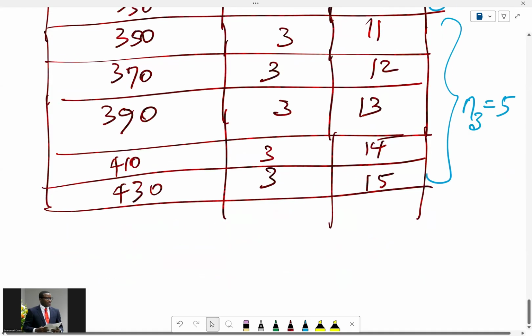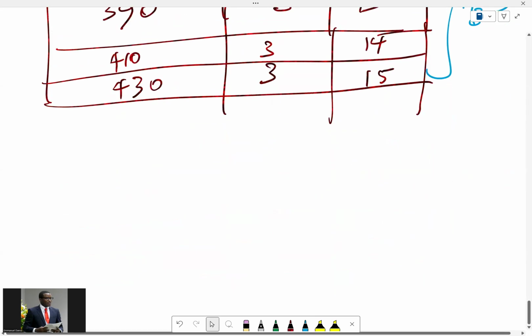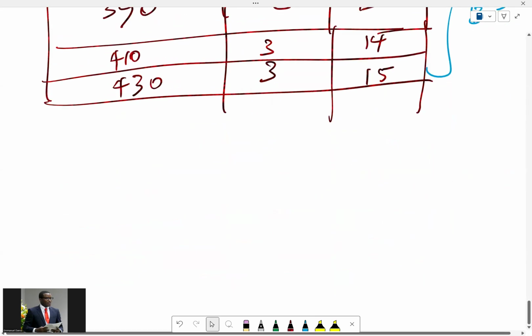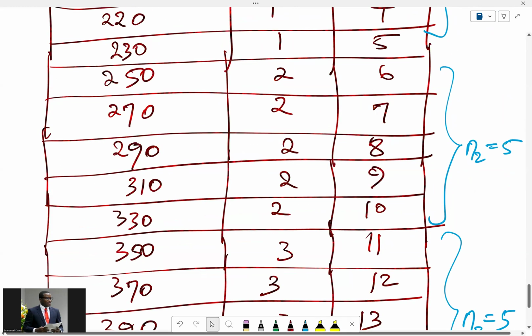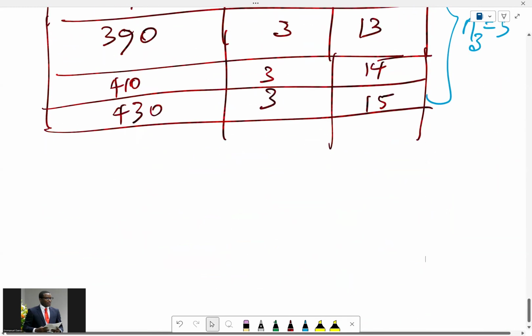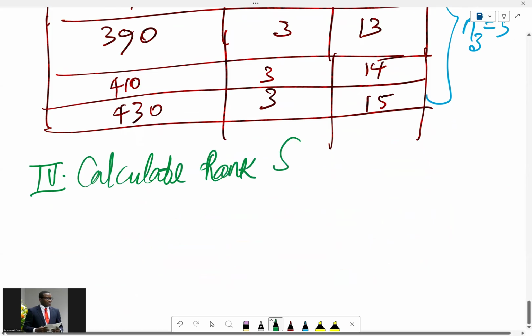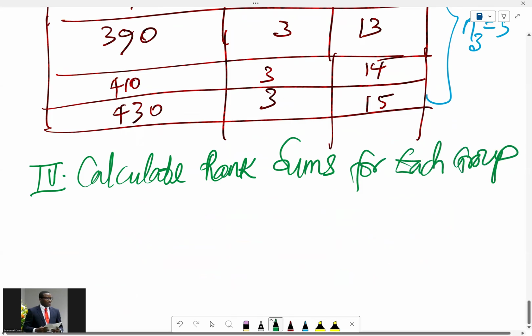So we go ahead now to the next step. That should be step 4. Since we now have the data, we calculate rank sums for each group. That's made really easy.